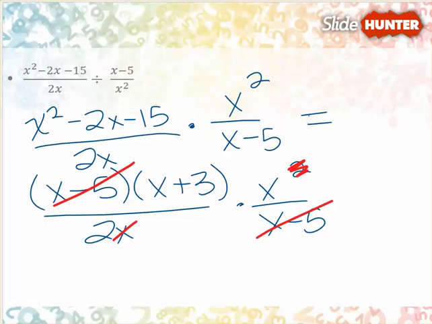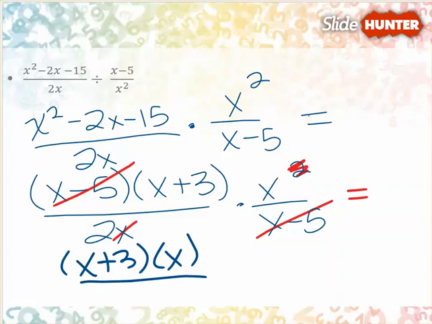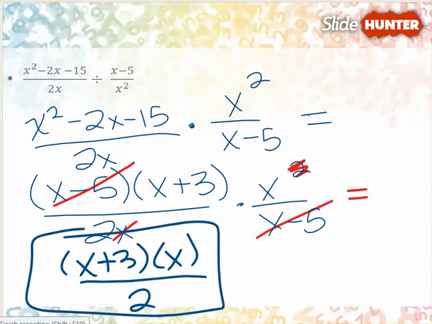Okay, there's nothing else that I can cancel. So now I'm going to go ahead and multiply. Multiplying across the top, I have x plus 3 times x. And on the bottom, I have 2. And it's okay to leave your answers in that factored form.